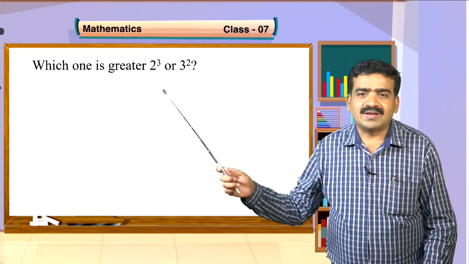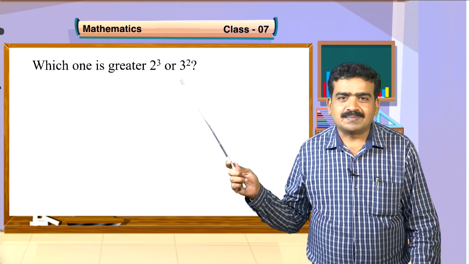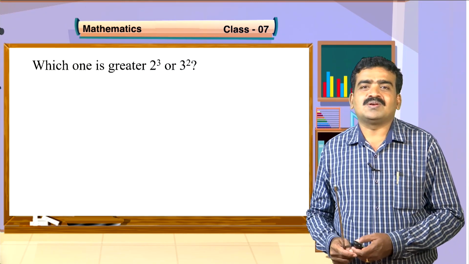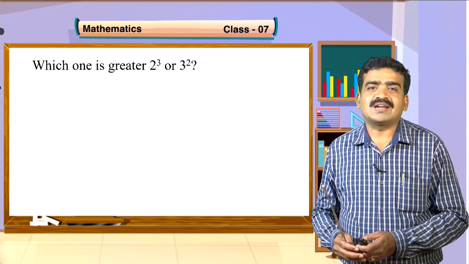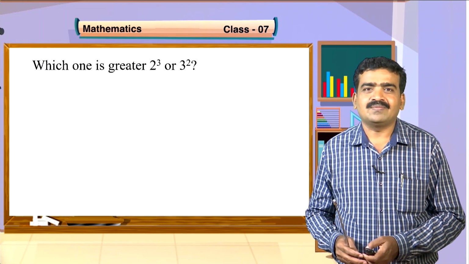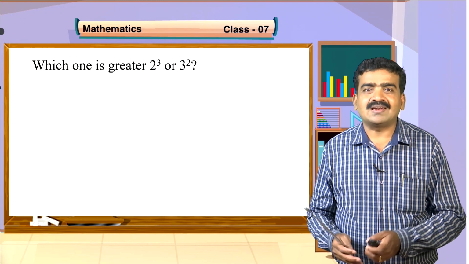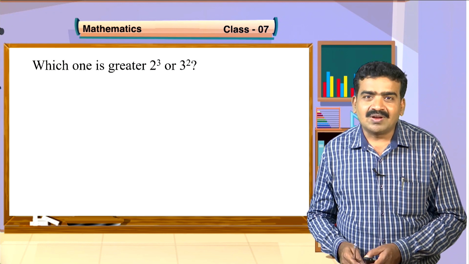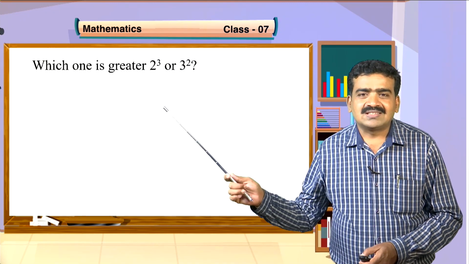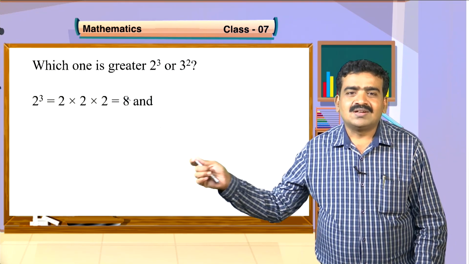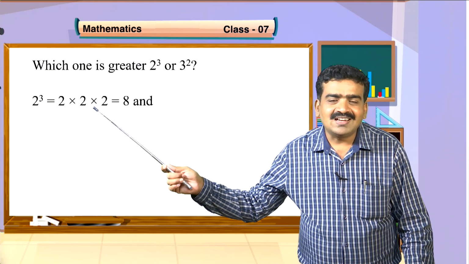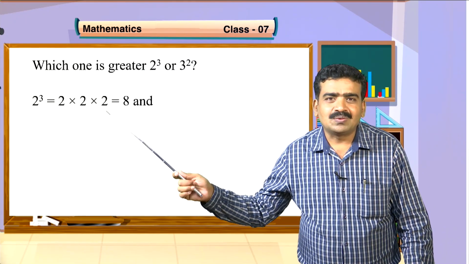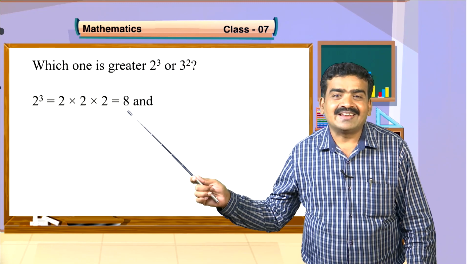We have to simplify both the exponents, because it is not possible to come to a conclusion immediately after seeing the exponent. So, for that we have to expand the exponent, find the value, then compare. So, 2 to the power of 3 means 2 should be multiplied 3 times, that is 2 into 2 into 2, which gives us 8.